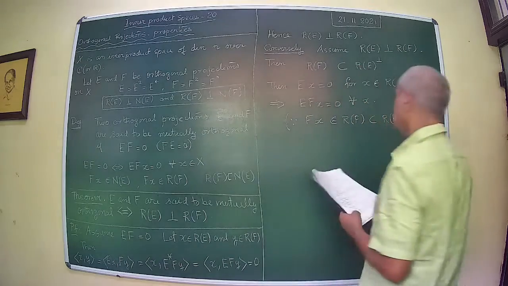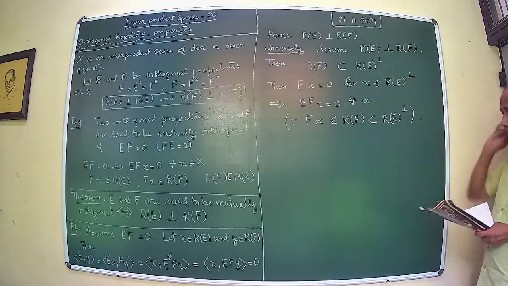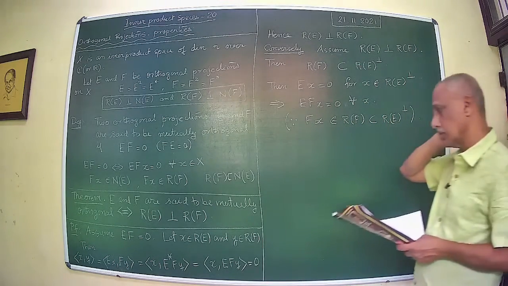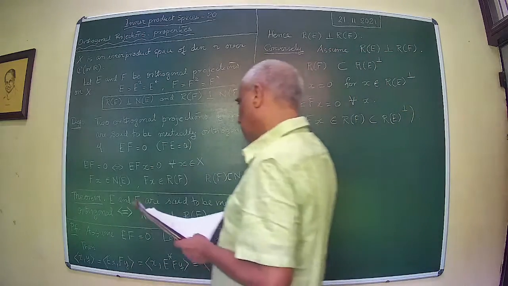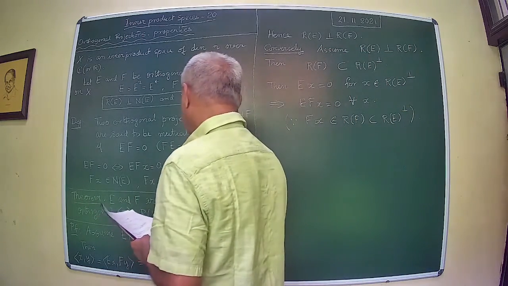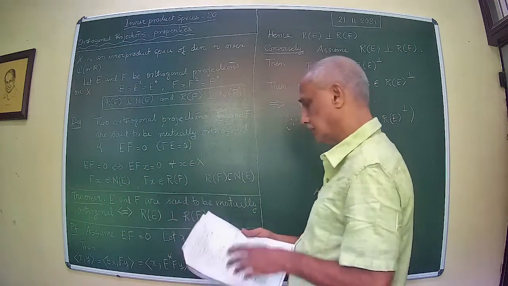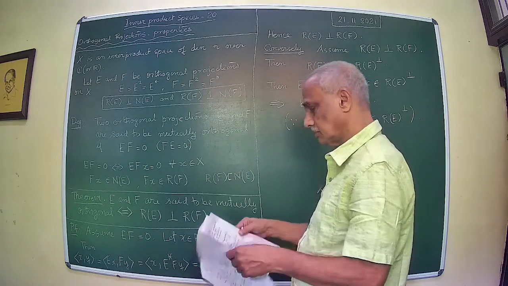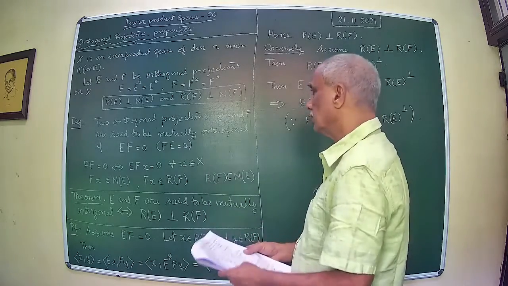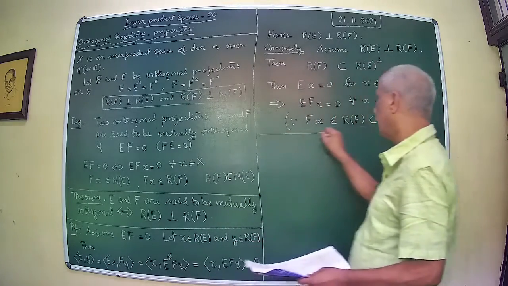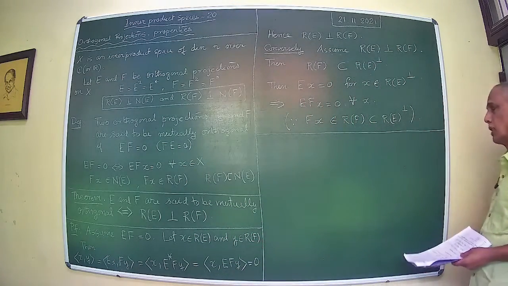That's the answer. So that completes the proof of this. So EF equal to 0 if and only if you have RE is orthogonal to RF, right. So this result is useful for our later considerations.